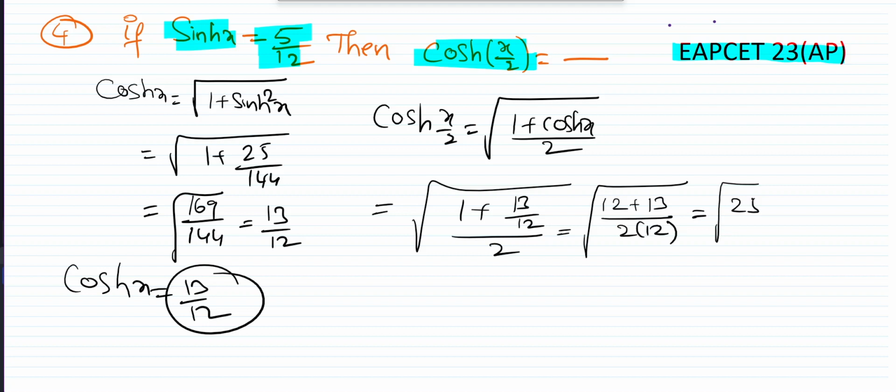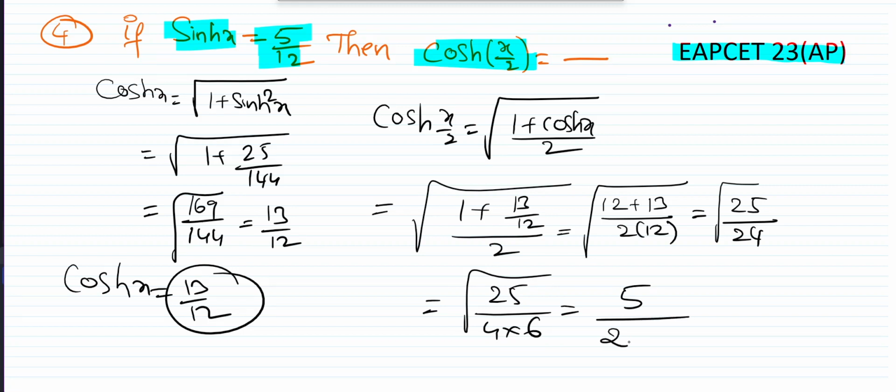That is root over 25 by 24. 24 is 4 into 6. This is root 25 is 5 by root 4 is 2 into root 6. This is the value of cosh x by 2, that is 5 by 2 root 6.